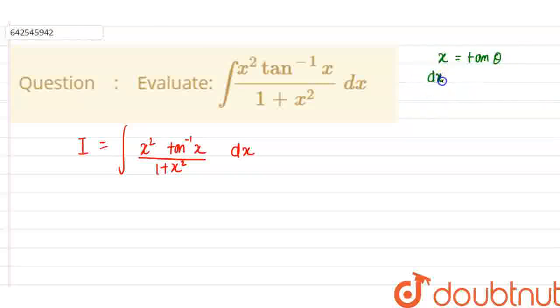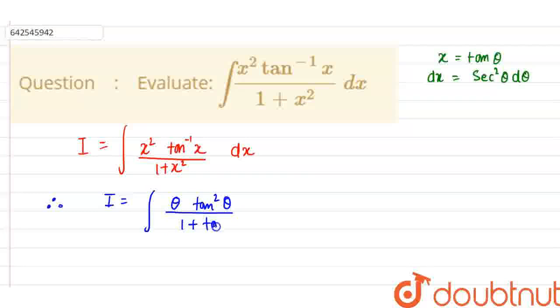So dx is equal to secant square theta d theta, right guys? So now our I, when we write it in terms of theta, becomes the integration of theta into tan square theta divided by 1 plus tan square theta d theta.